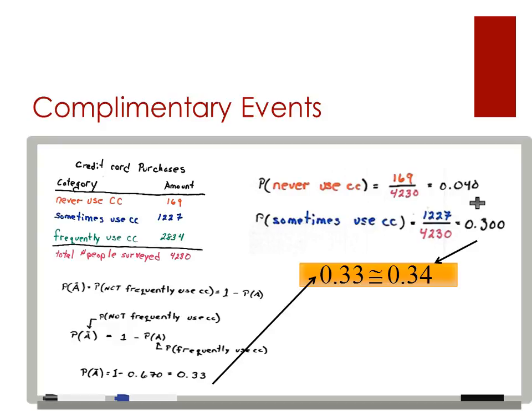So notice that if we add together those two probabilities, we get 0.34, which is roughly the equivalent of the 0.33 that we had, considering that we've rounded the upper numbers. Because we've rounded each of them as we've gone along, that has thrown off our calculation just a little bit. So we can see here that what we're calculating with the complement formula is equivalent to taking those separate probabilities and adding them together, but is obviously a lot faster. So this concludes our section on complementary events and how to calculate them.